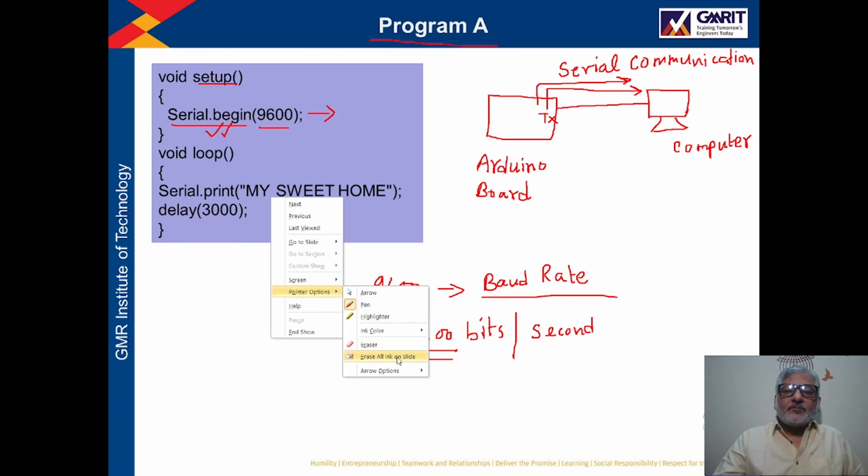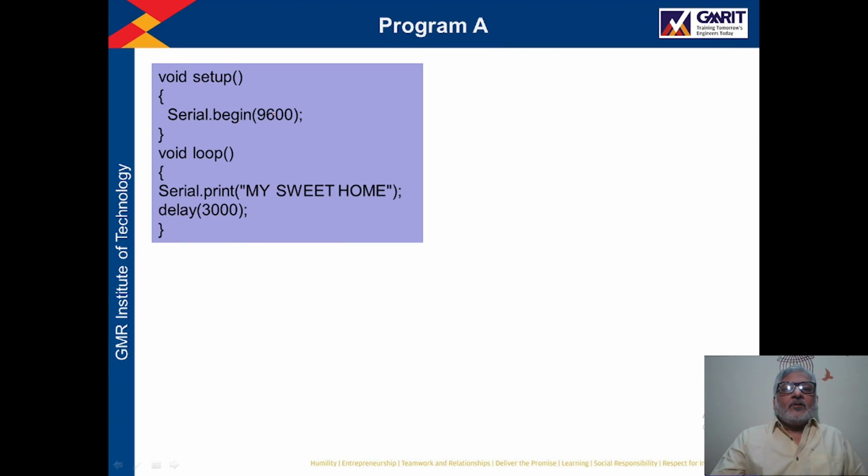So after initializing our serial transmission by using Serial.begin(9600), we come to the loop function. Inside the loop we have two statements. In statement number 1, we are using another function, Serial.print. This function is used to print a message on the screen.